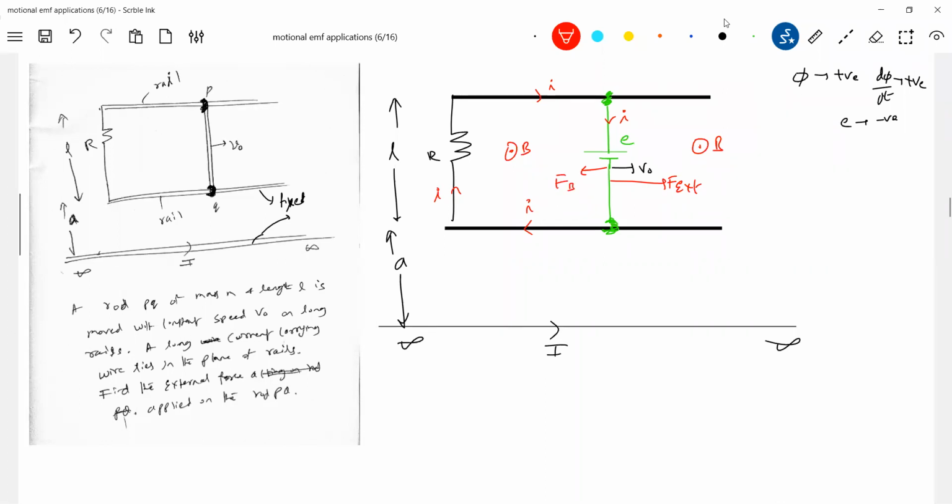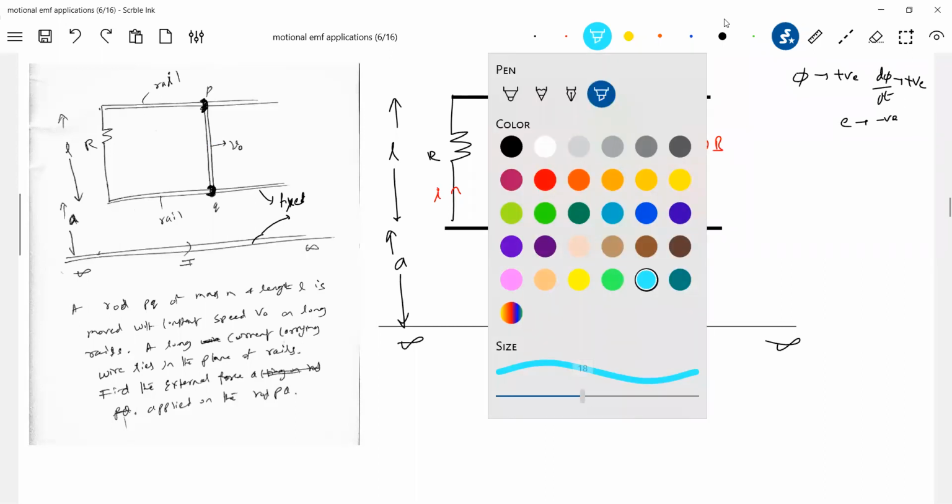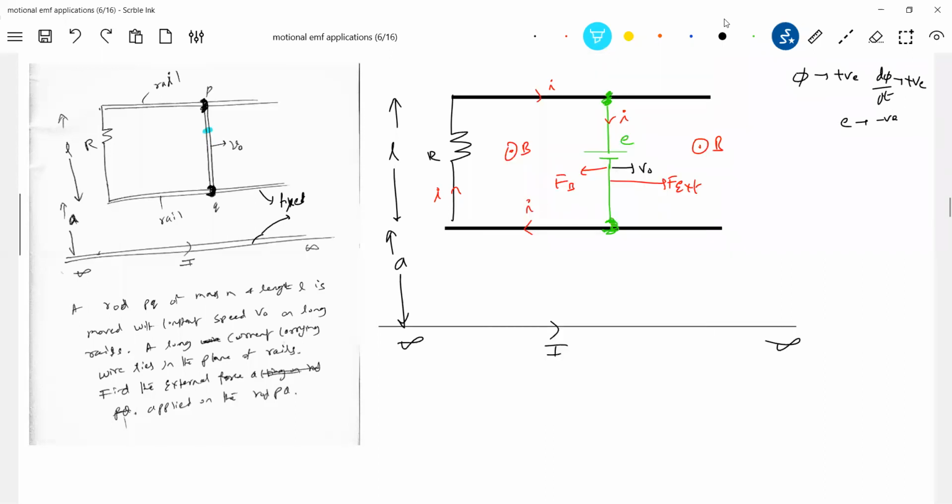So let me take a small elemental length, an elemental strip here. Let me show it in this diagram. Let it be at a distance x. So the length of this element be dx.